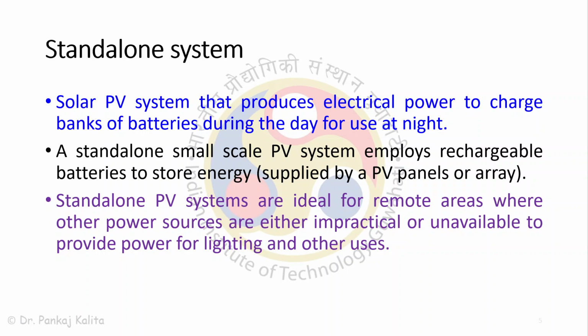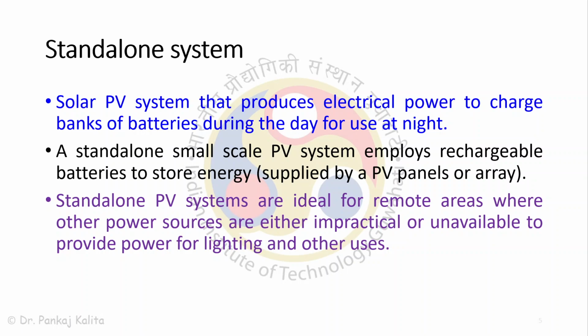It takes around 1 kilowatt of load of your house. Not a very big system, but your TV, fan, and bulbs can all be taken care of by this 1 kilowatt system. It is enough for a family of two or three.